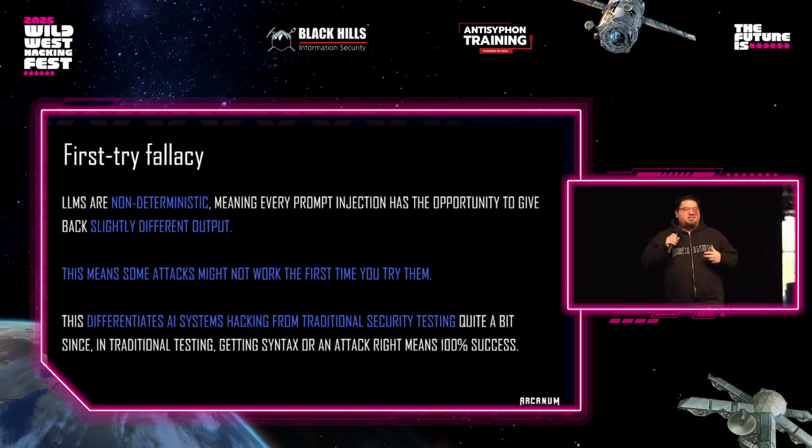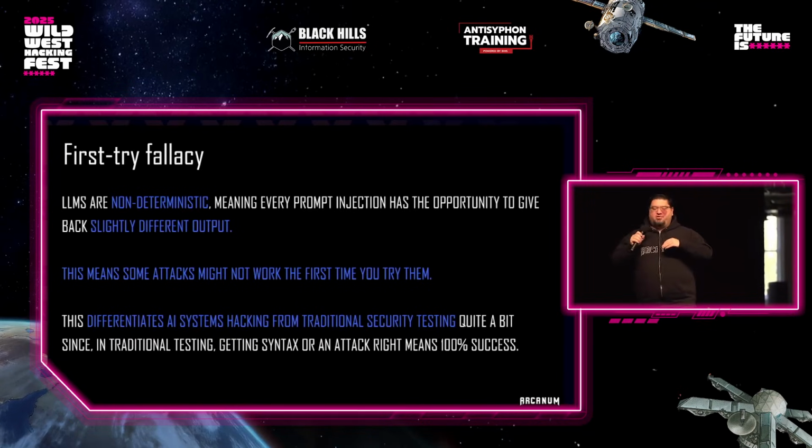Sometimes when we do attacks against these systems, I have to send the same attack string, the same prompt injection, to a system maybe up to 15 times to get it to work, which makes the testing much longer than regular testing. So at my consultancy, Arcana, we can do a web app test in maybe 2 weeks, but we can do an AI pen test in probably 3.5 weeks, or 3 weeks. It takes longer because there's just more that we have to do.